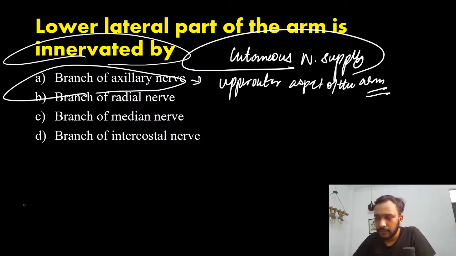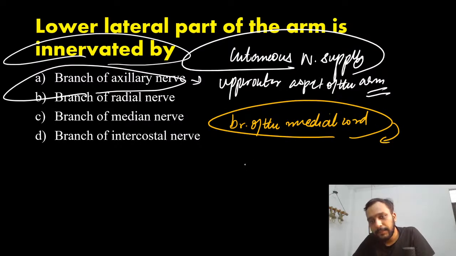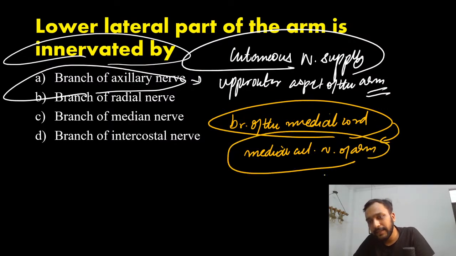No, the medial aspect of the arm is supplied by a branch of the medial cord. That is the medial cutaneous nerve of the arm. It is going to supply the medial aspect of the arm.